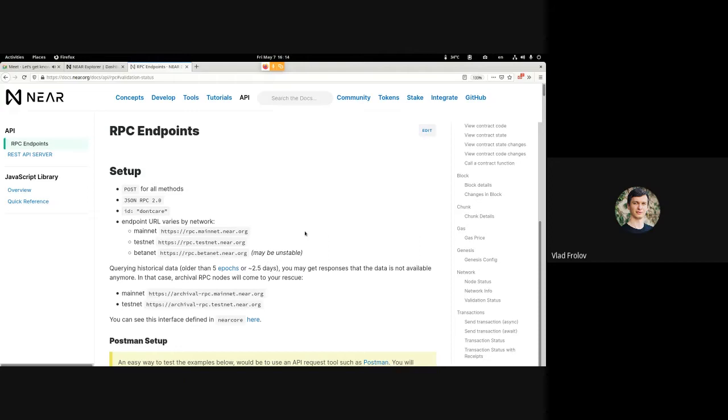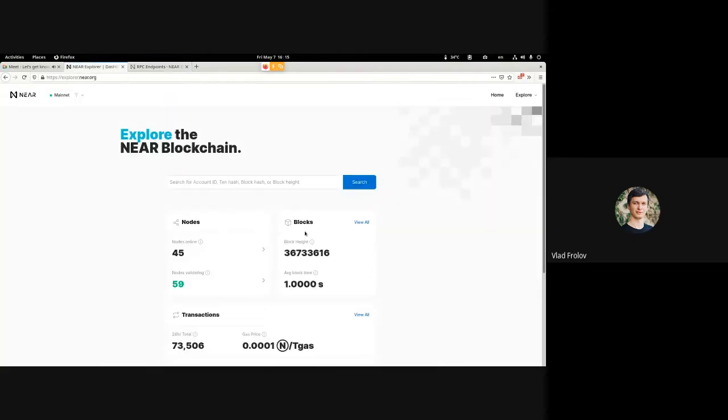They are just following whatever is in the network, applying the same rules, but they do not take part in creating new blocks or accepting transactions and doing something about those transactions. They can receive a transaction and route it to the nearest validator in their internal peer-to-peer network. So all the nodes, near core nodes, are part of the same peer-to-peer network with different roles.